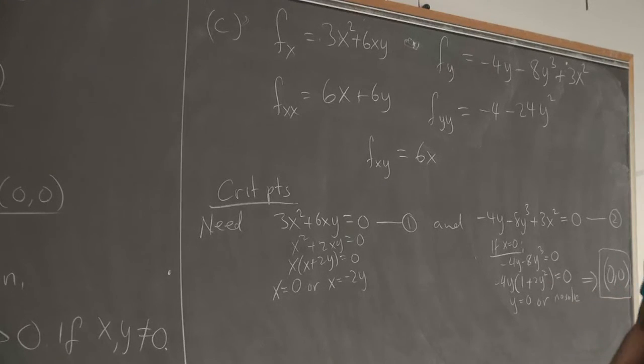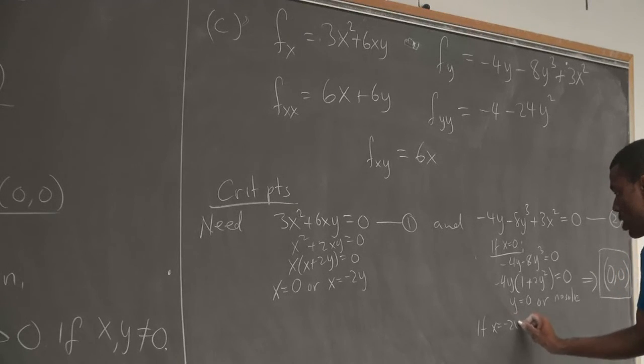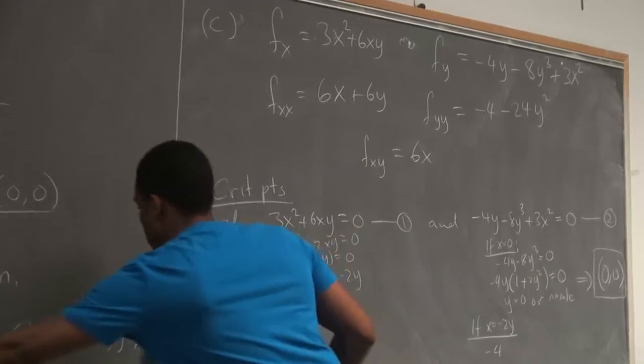There's no other solution. Now, if I let my x equal minus 2y, right? What would happen in that case? I would have minus 4, I'm probably going to need more space here.